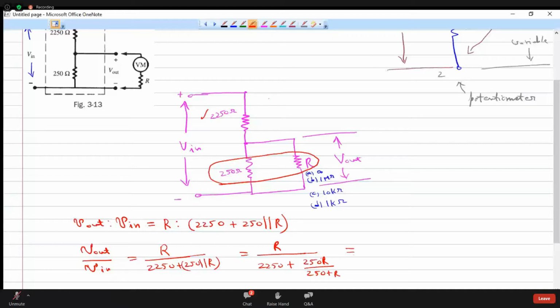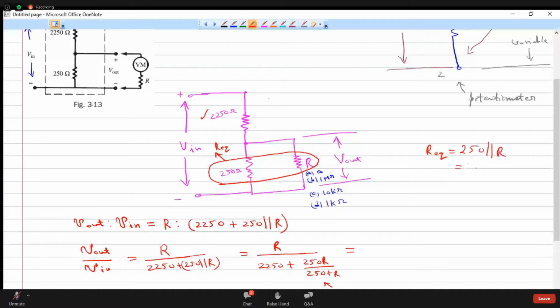Ratio will be higher. Here is the, we can call this the equivalent resistance. So whatever is shown in the red, I can call as the equivalent resistance, R equivalent. So R eq is nothing but 250 parallel R.